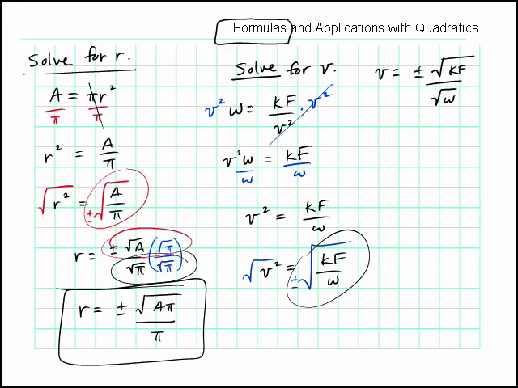To rationalize the denominator, I've got to multiply by square root w over square root w. V equals plus or minus the numerator multiplied together is the square root of k times f times w.